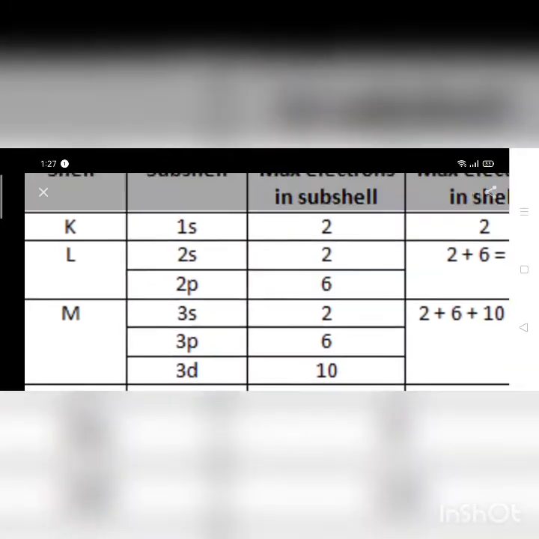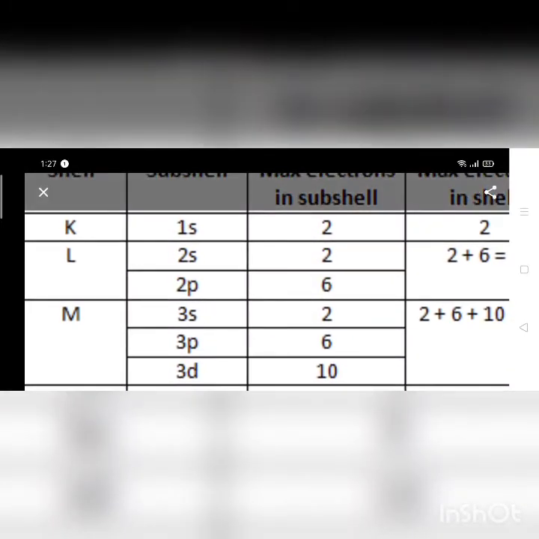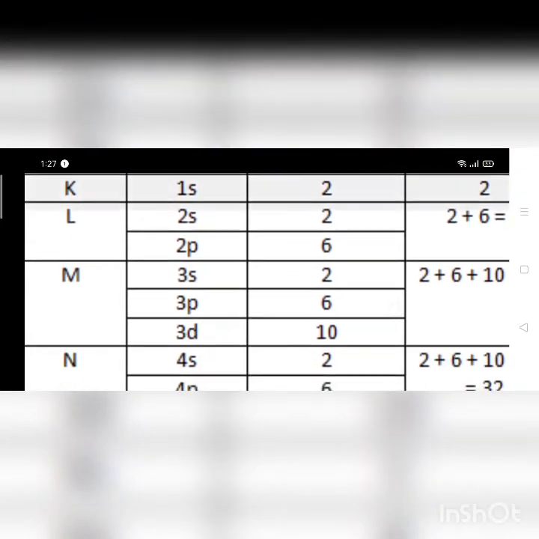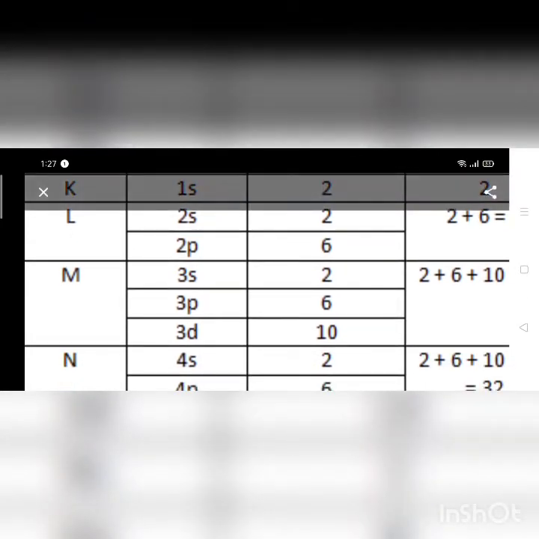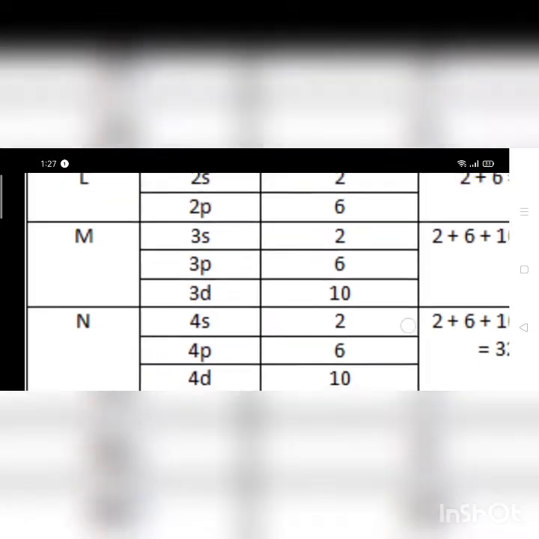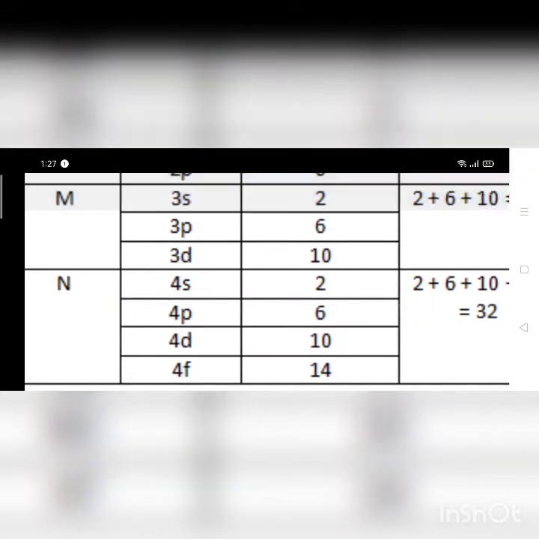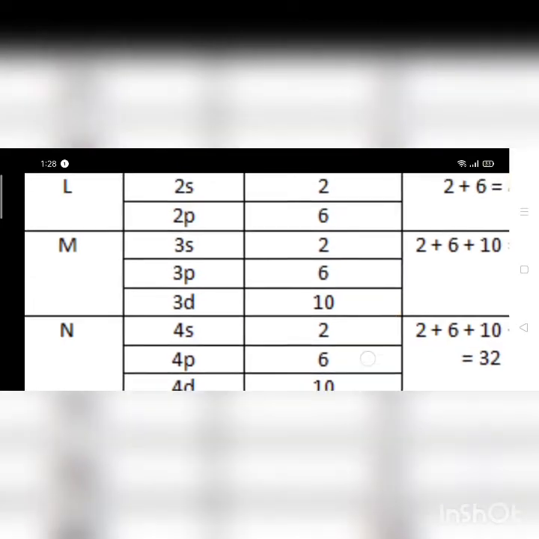For example, S subshell can accommodate maximum 2 electrons, P subshell can accommodate maximum 6 electrons, the third type, D subshell, can accommodate maximum 10 electrons, and F can hold maximum 14 electrons.